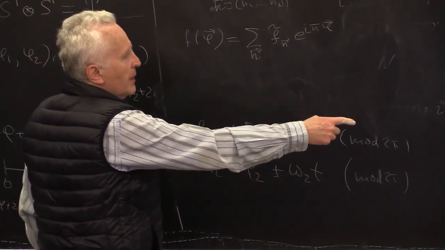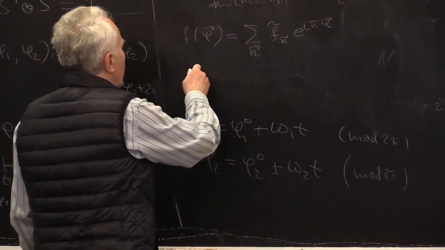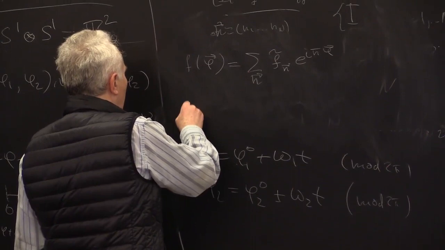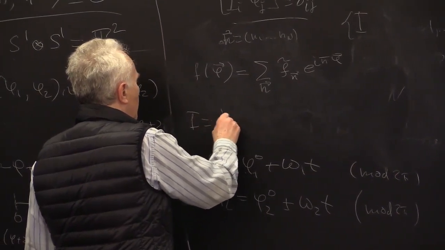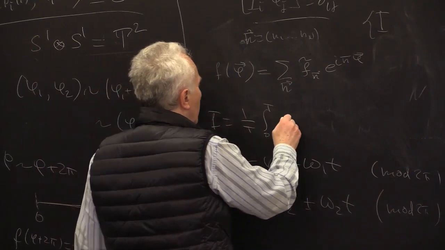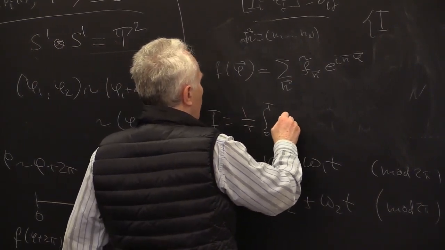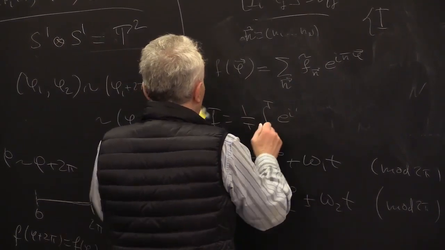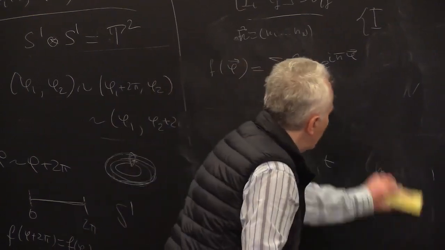Now we're repeating the same thing here. We get that the average is 1 over T, integral from 0 to T. We have e to the i... let me start writing again.